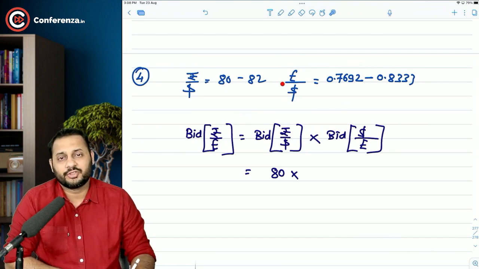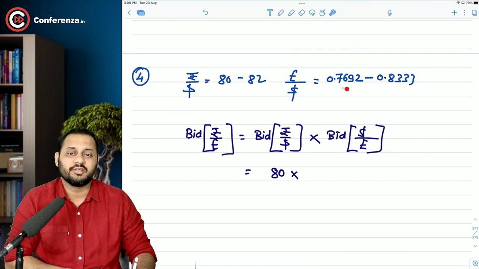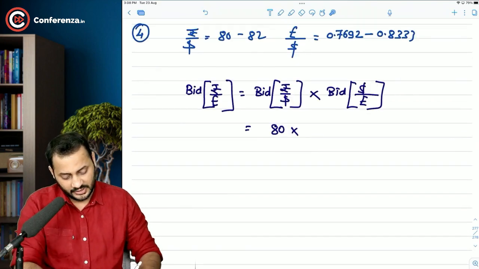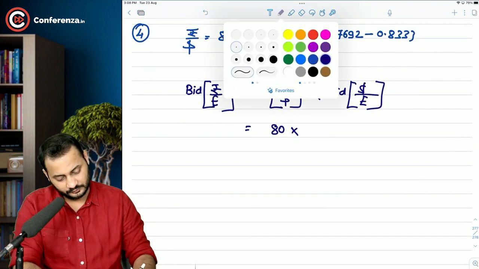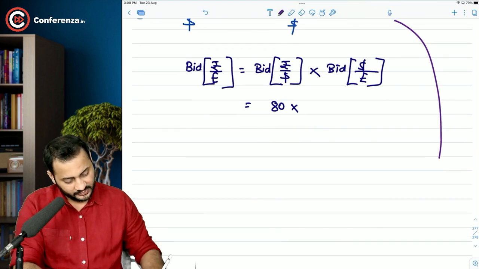Then what should we do? Sir, just do one thing. Reverse this equation. Make it dollar per pound. Now let me see what will happen if we do that. If we reverse this equation, it will look like dollar per pound.